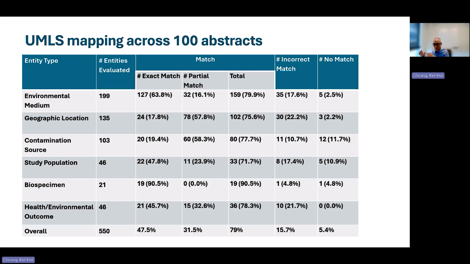The bottled mineral water can be mapped to bottled water if only bottled water has a UMLS concept. The lowest one is contamination source, which has a high percent of no match.